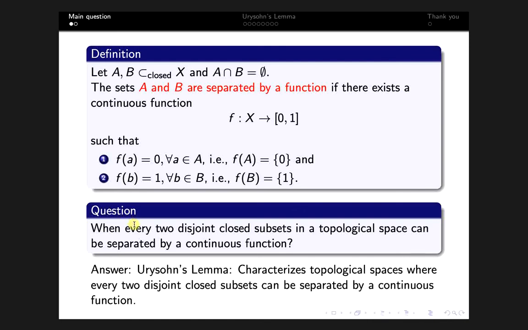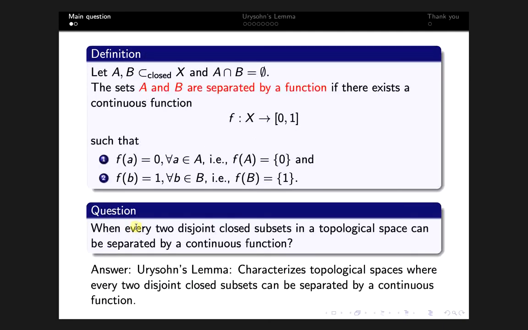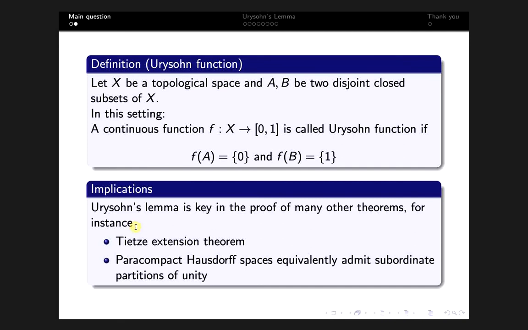Consider the setting: given a topological space X and any two disjoint closed subsets A and B in X, when does there exist an Urysohn function separating A and B? So this is the refined question.